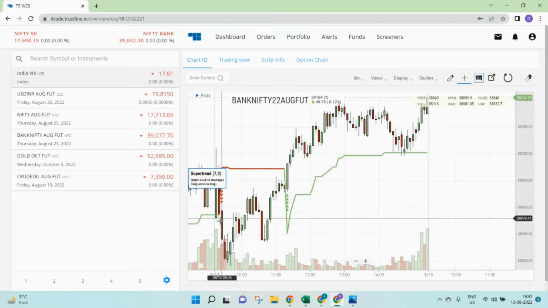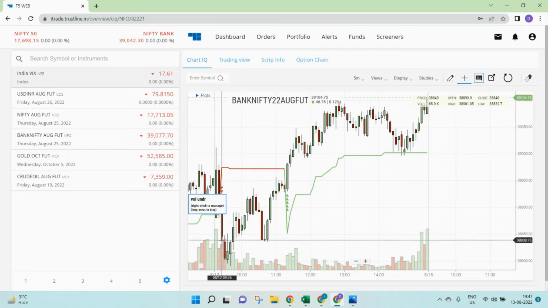So whenever the signal comes for selling on Super Trend, we will sell a call option with 50 delta, and we will also sell a put option of say 40 delta. I'm not saying 40 is fixed. You can sell 45 delta as well, you can sell 35 delta as well, depending upon how much differential you want.